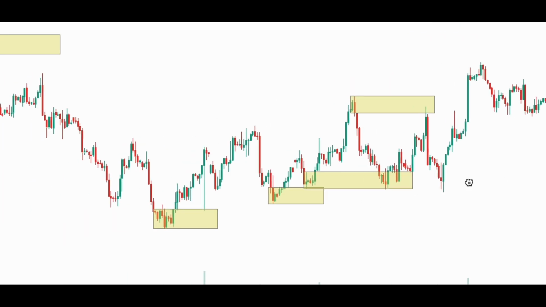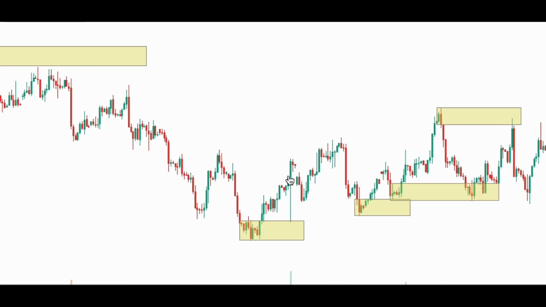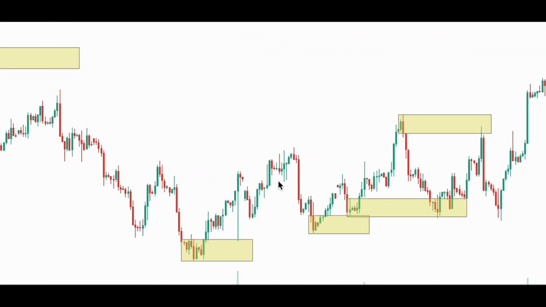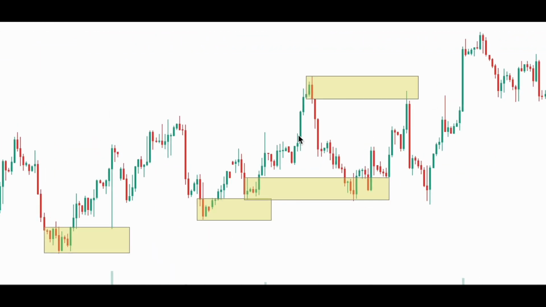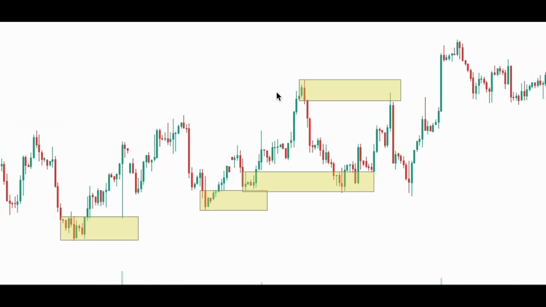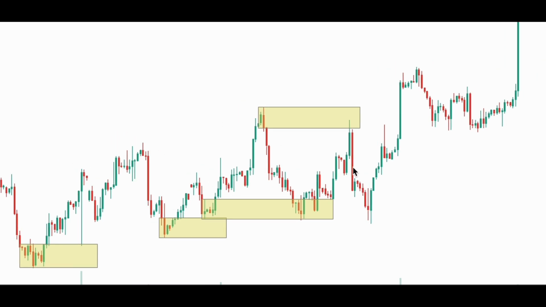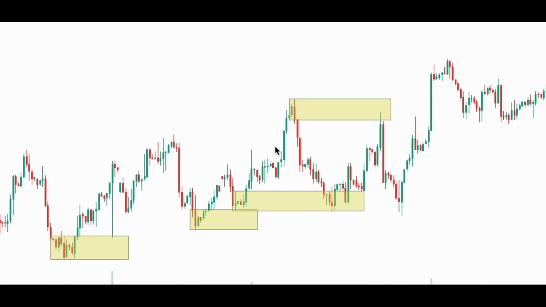How about if it's sideways? If the market direction is going sideways, this is what we call a no-trade zone. Then you have to wait for the breakout.